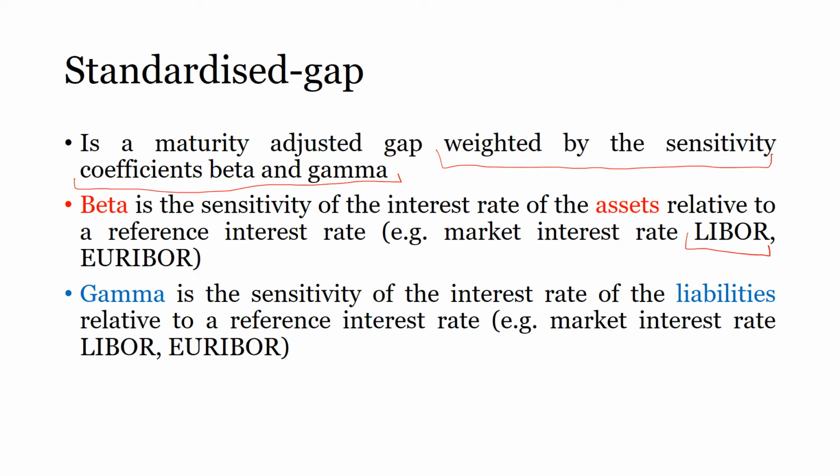However, this particular asset will be more sensitive to the Euribor interest rate. So you need to adjust, if you want, your measure of repricing gap to the fact that your assets and liabilities can be dependent on different interest rates.